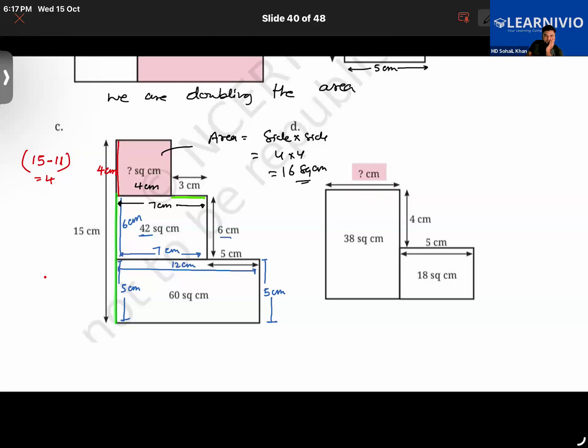The area is 18 square centimeter, and the length is 5 centimeter. In this one, we're going to divide it to find this much.